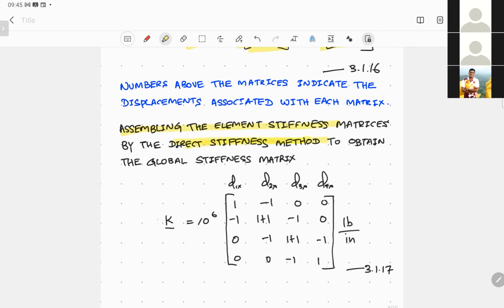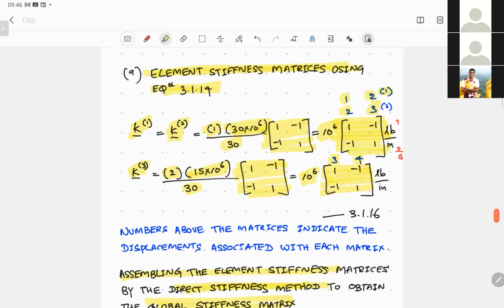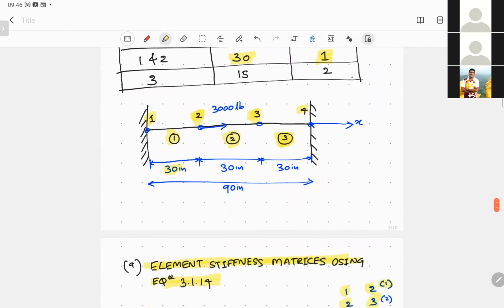What do we get? We get capital K. We move from simple k, which is defined for an element, to now trying to obtain the global stiffness matrix, which we define by capital K. We have also omitted the hat sign because in this problem, the global coordinate system and the local coordinate system align, and x hat can be replaced by x because there is no rotation.